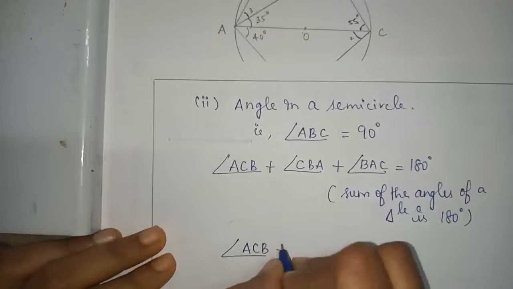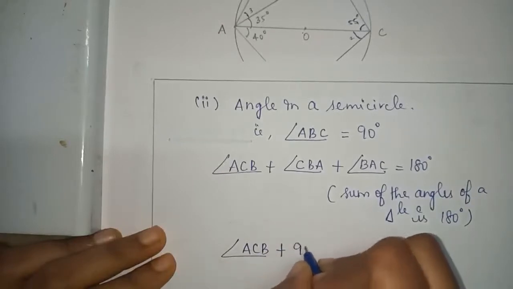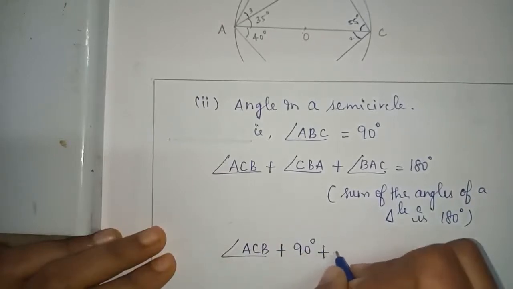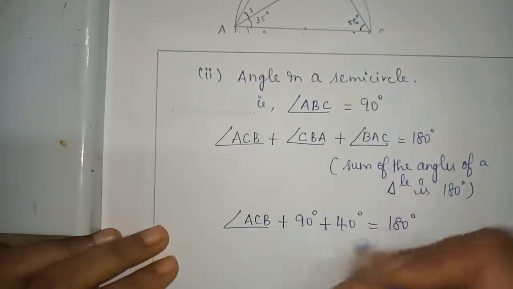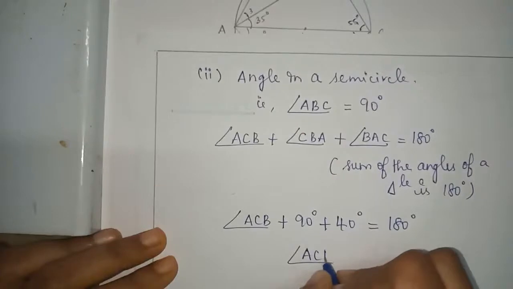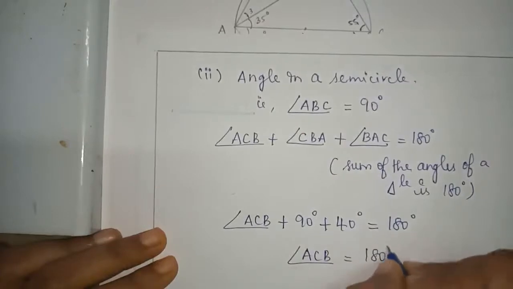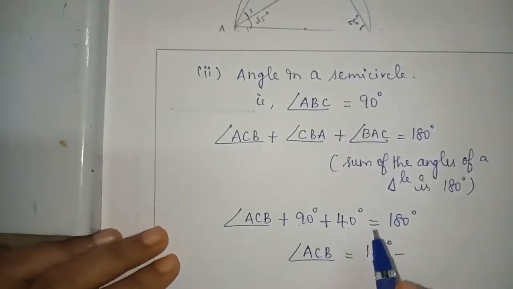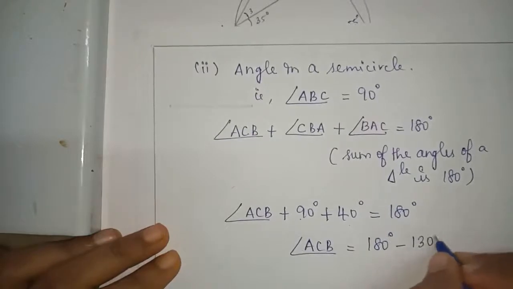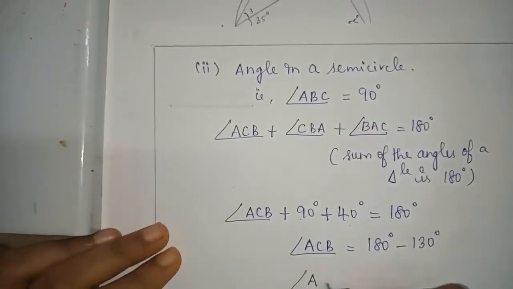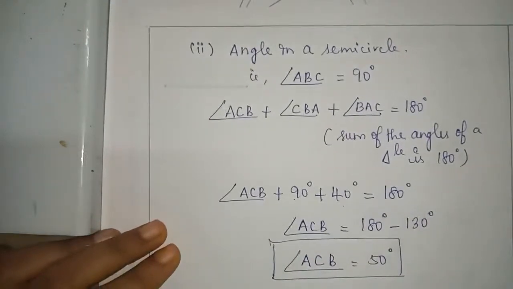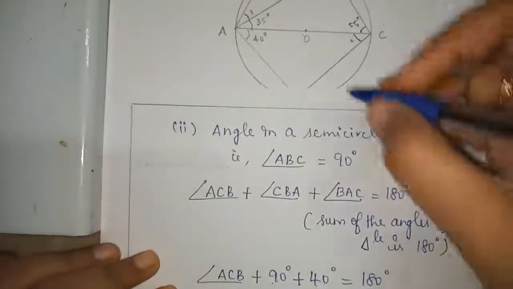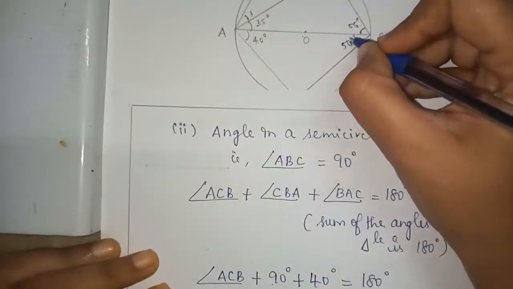So ACB plus CBA is 90 degrees plus BAC is also 40 degrees, which is equal to 180 degrees. So angle ACB is equal to 180 degrees minus 90 plus 40, which is 130 degrees. Therefore angle ACB is equal to 50 degrees. So now we find the second angle ACB is equal to 50 degrees.